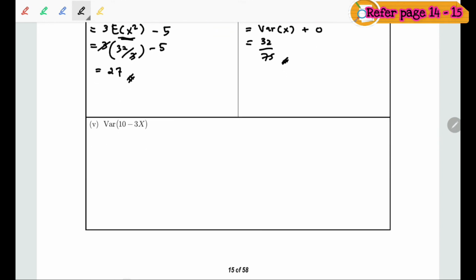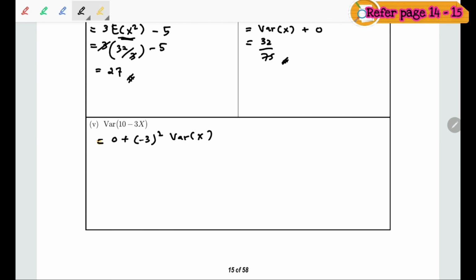Alright, and then lastly, we have to find the variance for 10 minus 3x. Okay, by applying the properties, it equals 0 plus negative 3 squared of variance x.